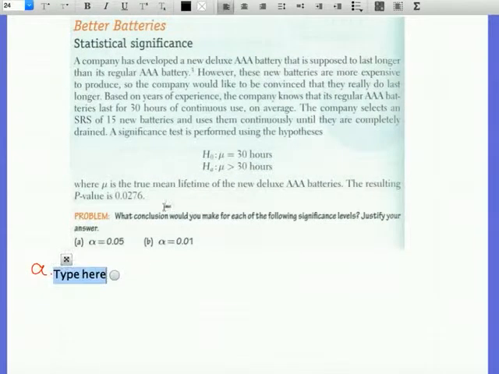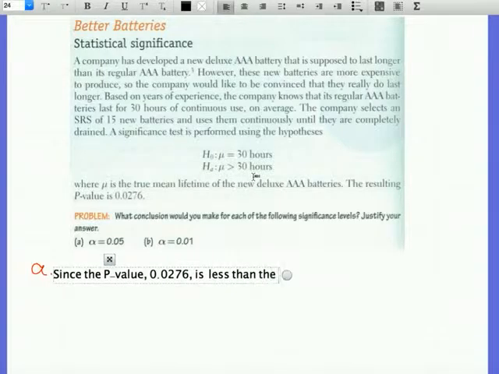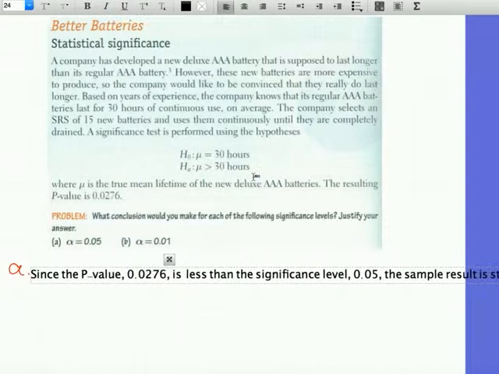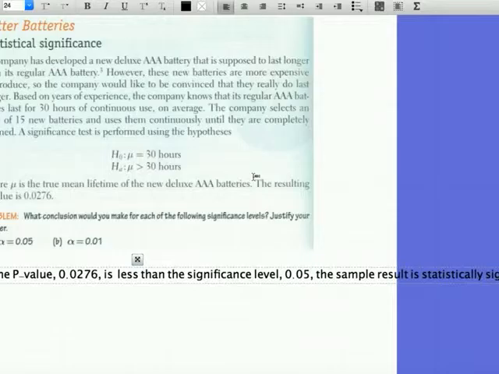So we would say, since the p-value 0.0276 is less than the significance level 0.05, the sample result is statistically significant at the 5% level.